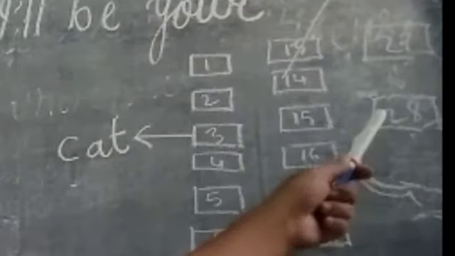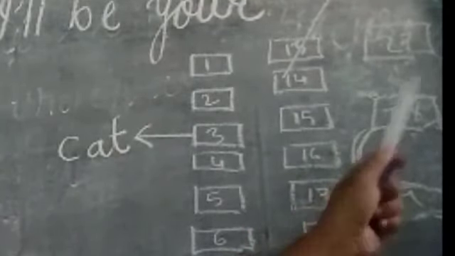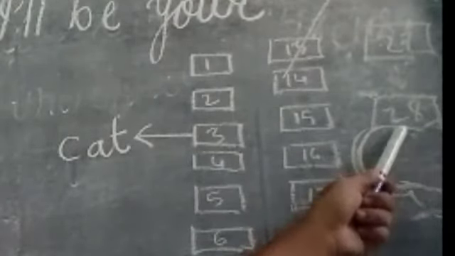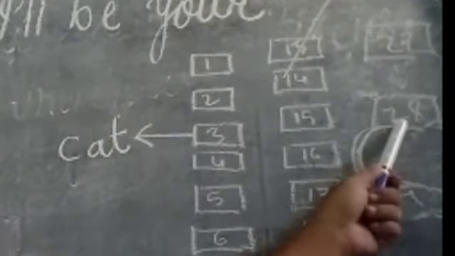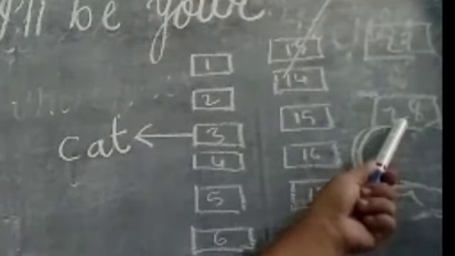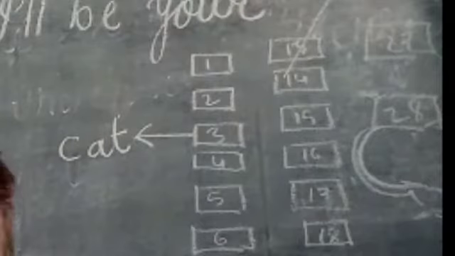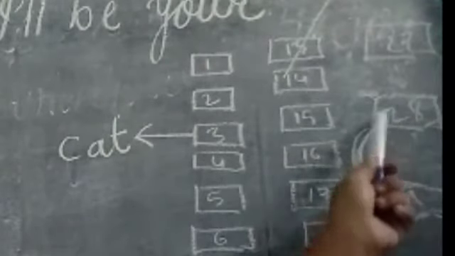Yes, step number 28 is the last step, and if the mouse can get to this step, it can hide safely. It can save its life from the cat, because just after 28 there is the hole.